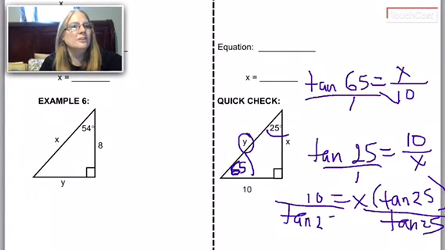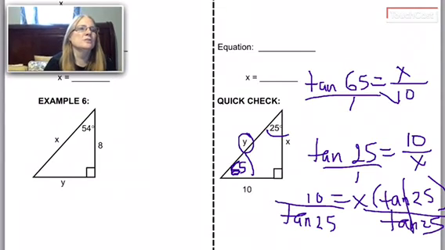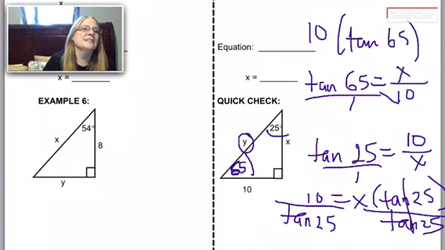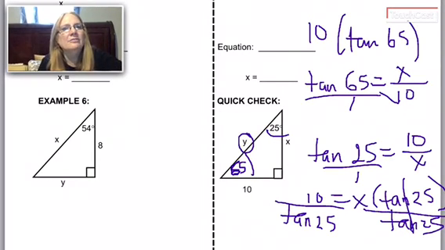So if you have your calculator, enter both of those. Enter 10 times the tangent of 65 and enter 10 divided by the tangent of 25, and you'll see you get the same answer. So 10 times tangent of 65 is 21.45.